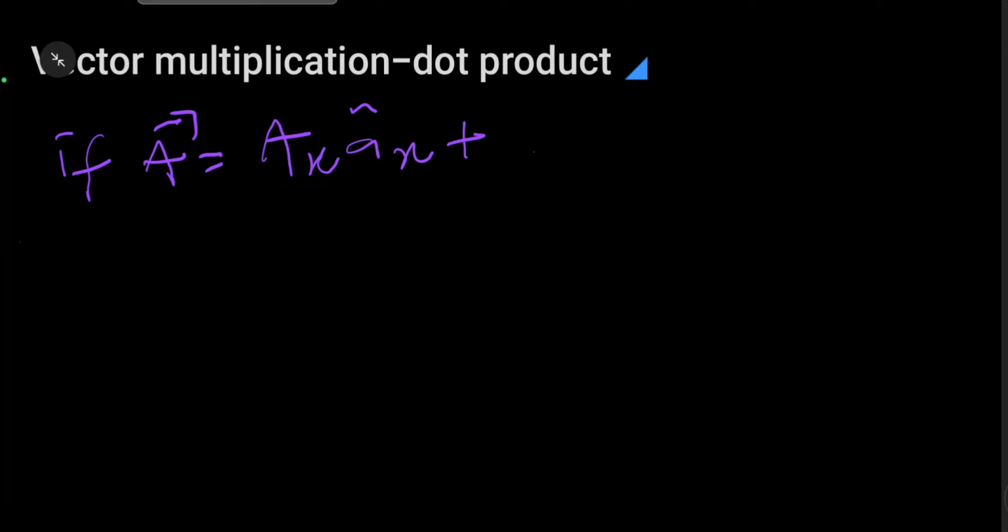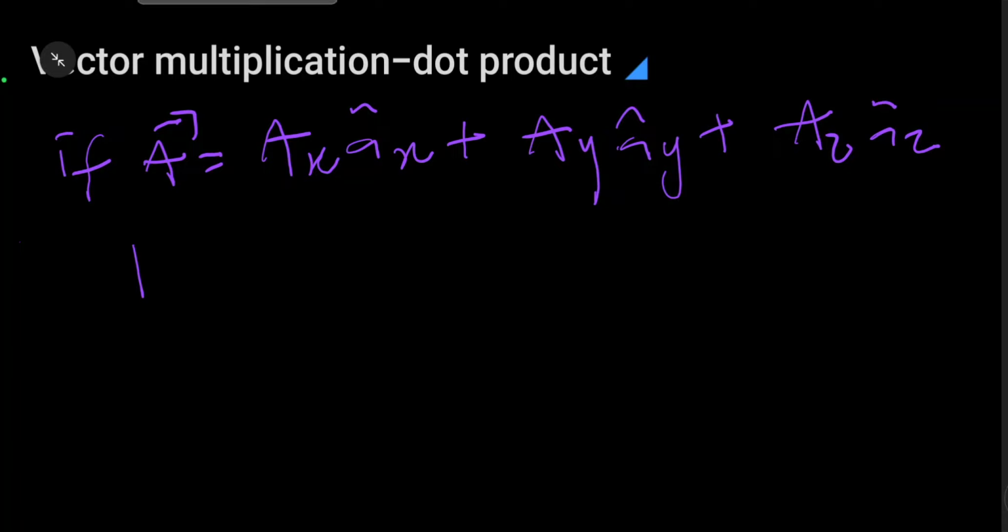Alright, so let's try out a problem here. Let's say we have vector A equal to AX i plus AY j plus AZ k, and we have our vector B as this.